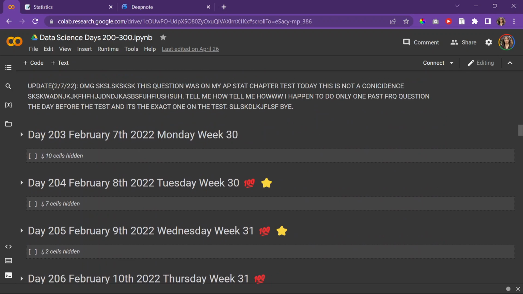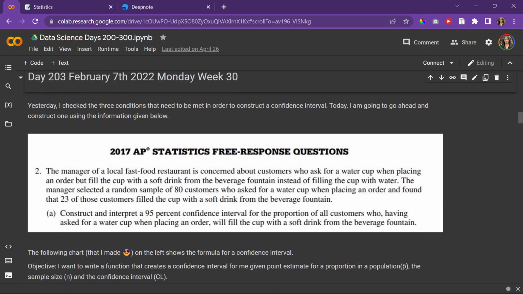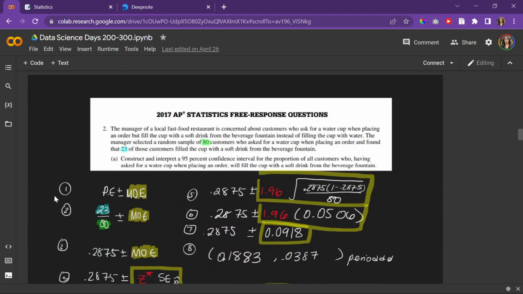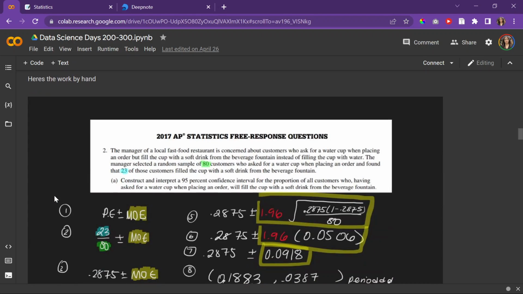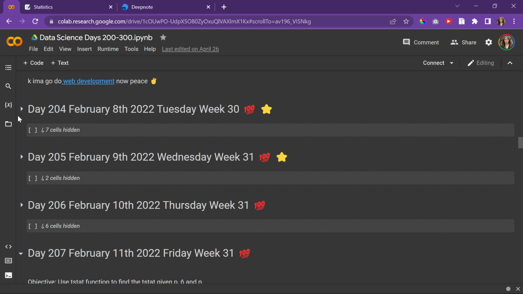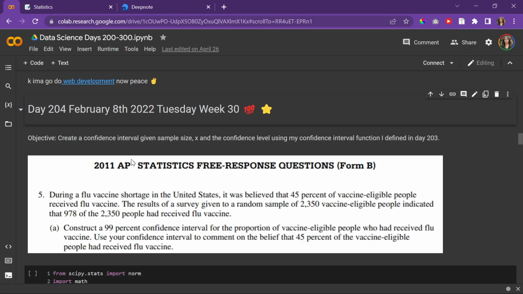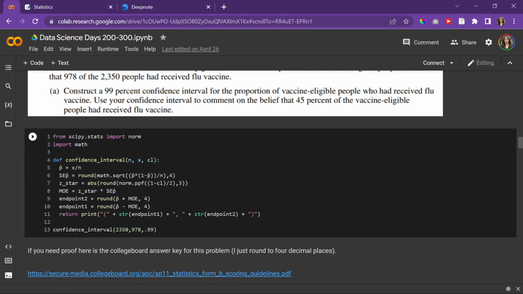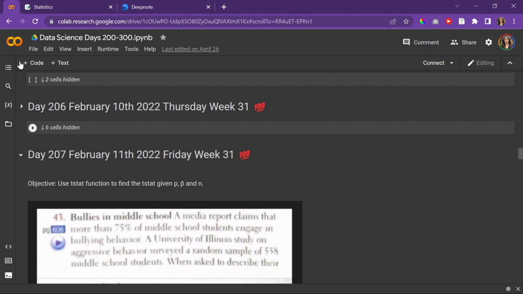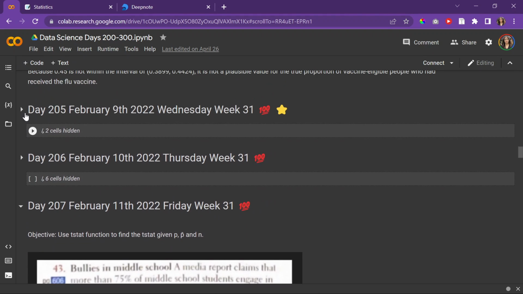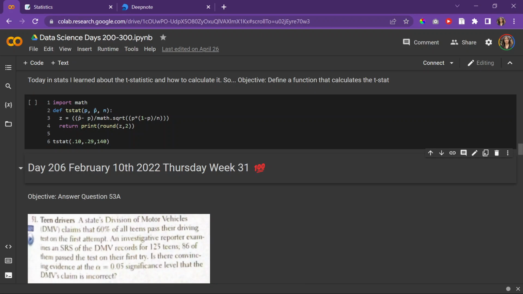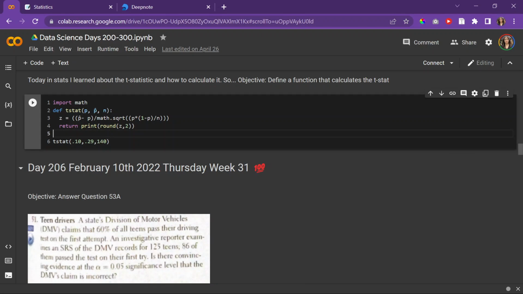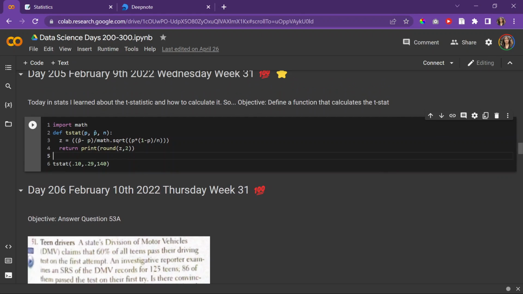I need a difference in proportion. Oh yeah, right here. Oh no, that's a t-test. Never mind.